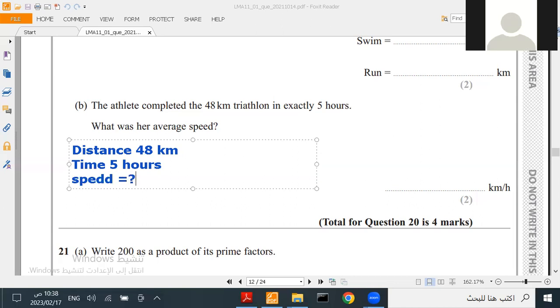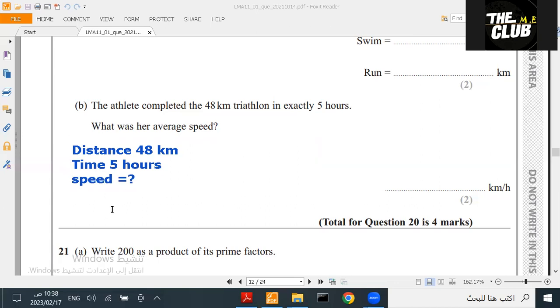We know the rule for speed. Speed equals what? Speed equals distance divided by time. Good. I work with this rule: distance divided by time gives speed. That's the idea.